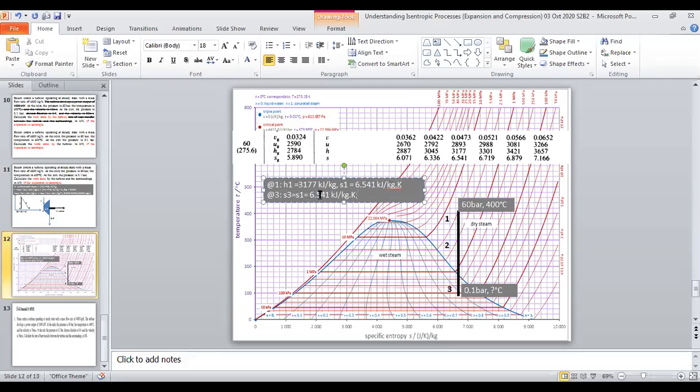That is okay, but you have to get H3. Quite straightforward to get H3 now. You go to the property tables again. I'm sharing it with you. Property tables, you have this. So pressure 0.1 bar, somewhere here.